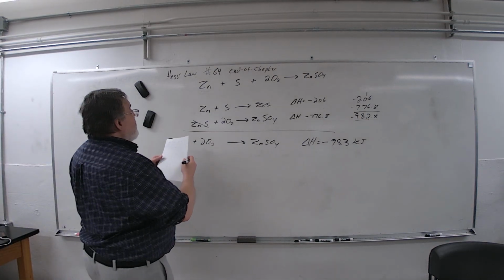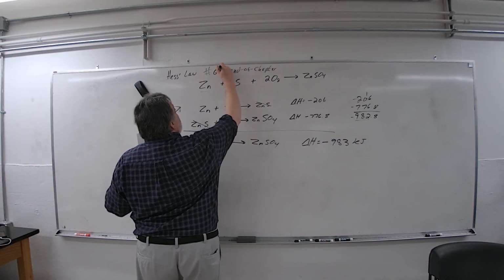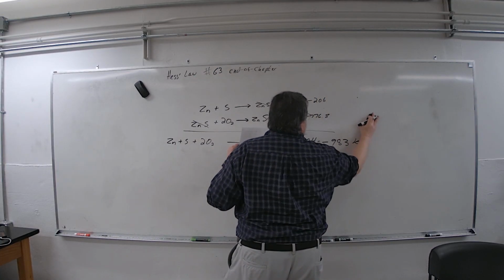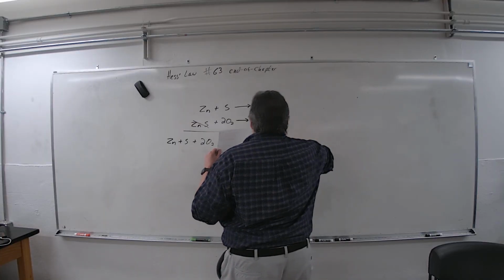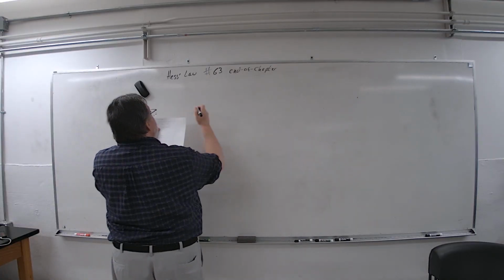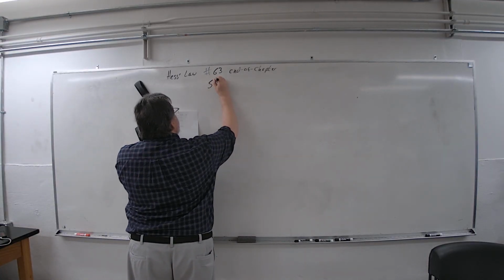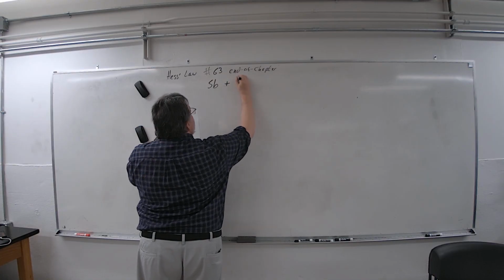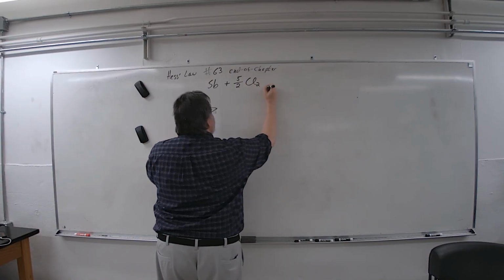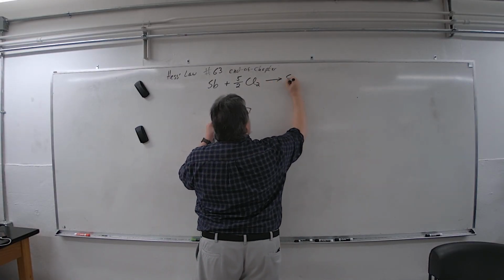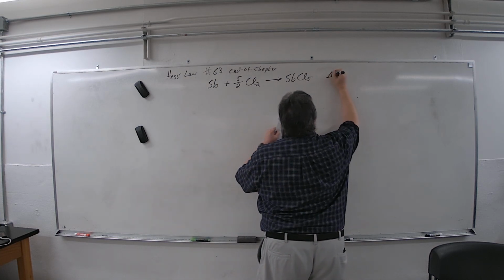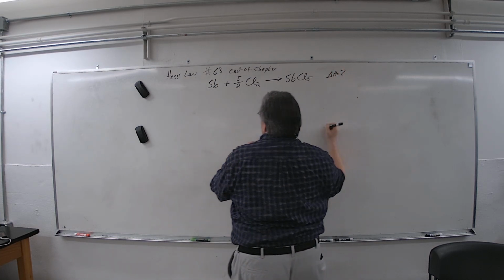Okay. And the first one, number 63 in the chapter. Objective equation is Sb plus 5 halves Cl2 gives SbCl5, delta H question.